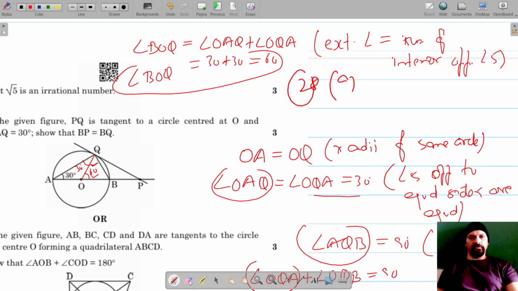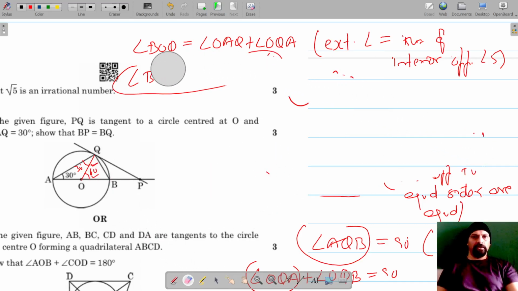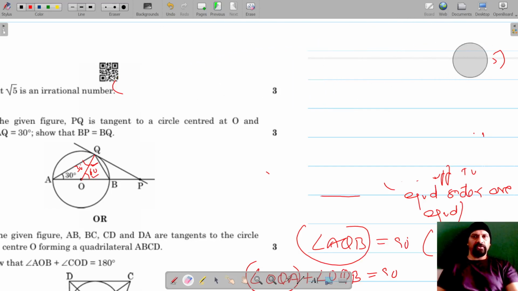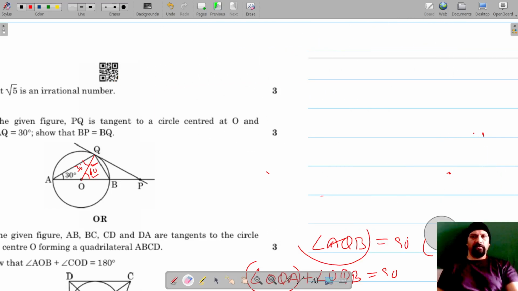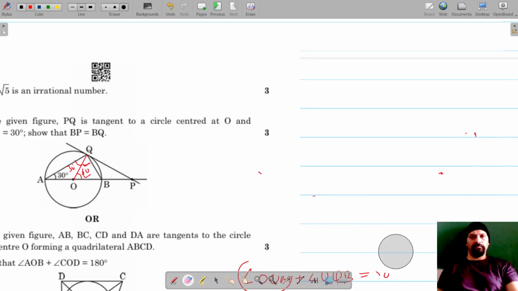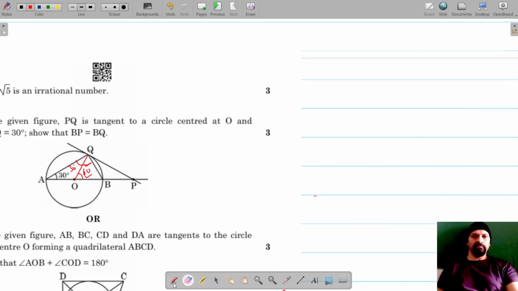Now, we can use the angle sum property in triangle OQP, which should give me the value of angle OPQ. So this is 60 and this is also 60. These both angles are 60 degrees each.